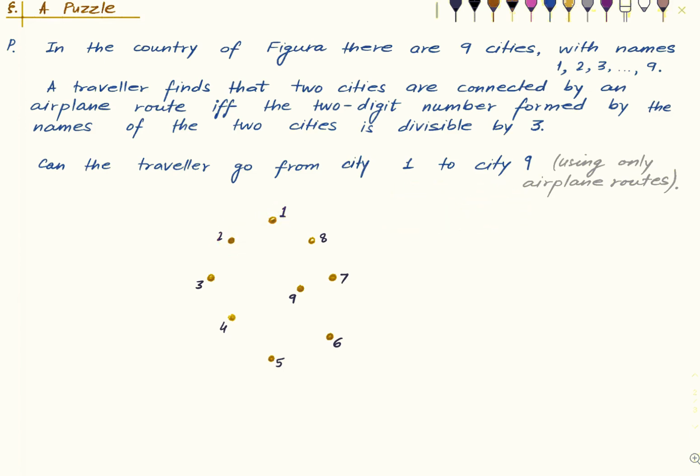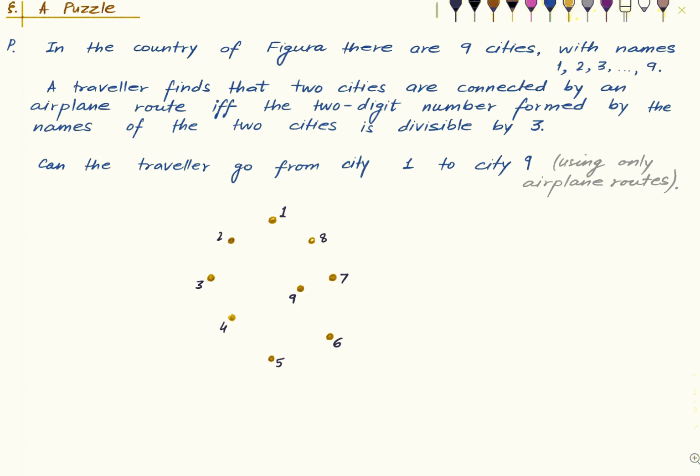Okay, so if you pick 2 cities, and if the 2-digit number formed by putting their digits side by side is divisible by 3, then there is an airplane route connecting the 2 cities, otherwise there isn't. So there is an airplane route between these two, but not between these two, because 13 is not divisible by 3, and so on.